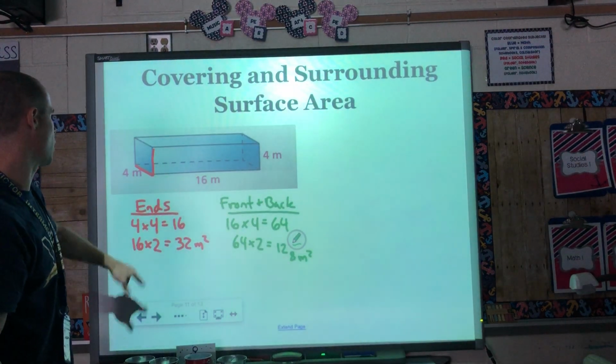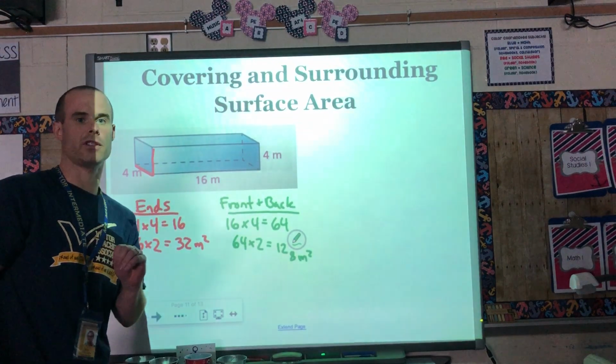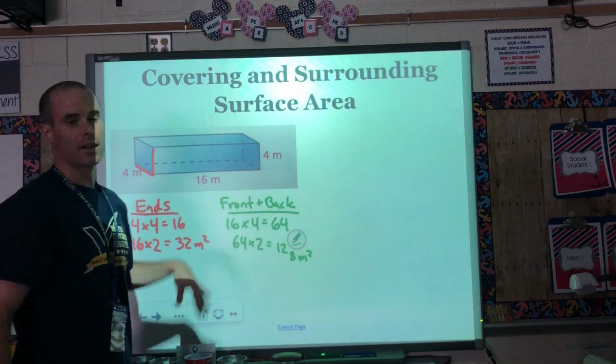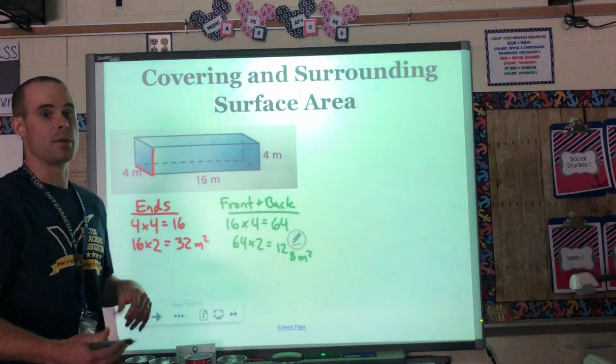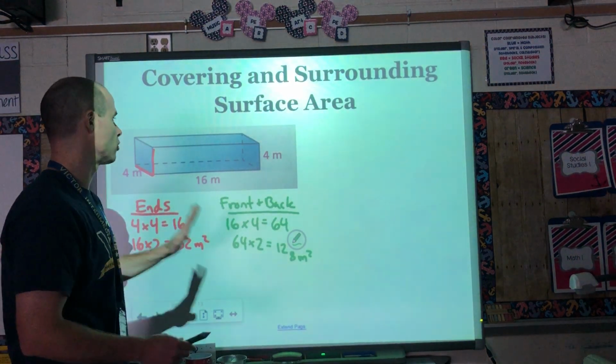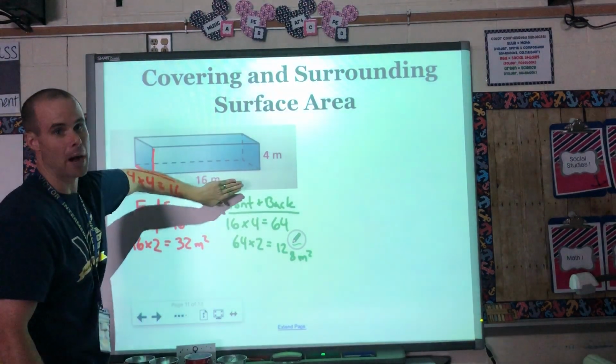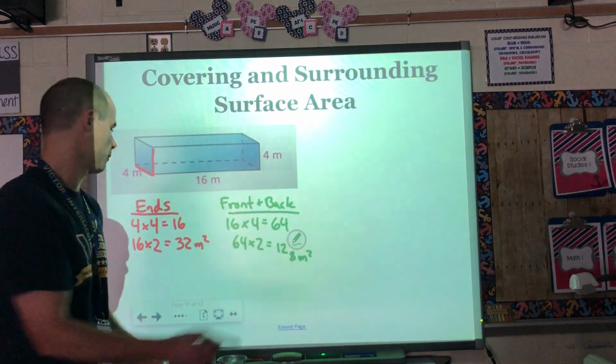So far we've taken care of our 2 ends and our front and our back, so that's 4 total surfaces. And we know that every rectangular prism, if it's 3-dimensional, like all rectangular prisms are, has to have 6 surfaces. So we have 2 more surfaces that we have to take care of, and that's our top and our bottom, which is sometimes easy to forget about.